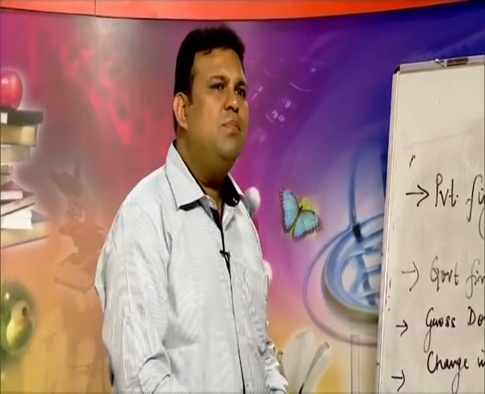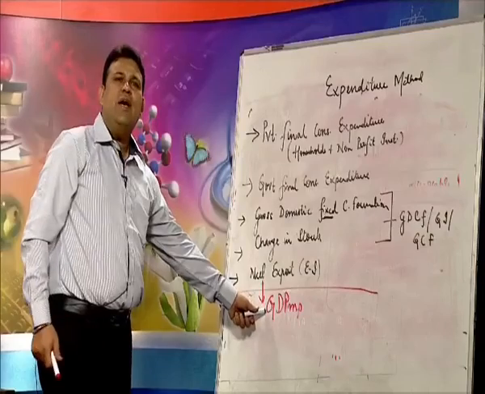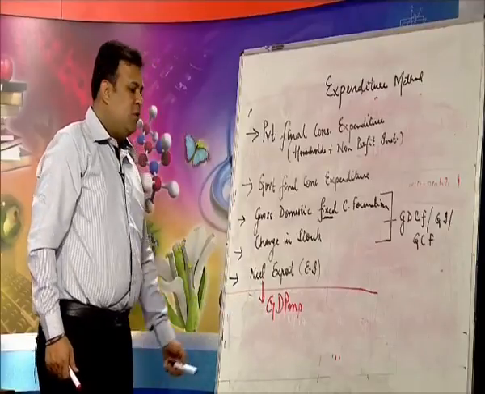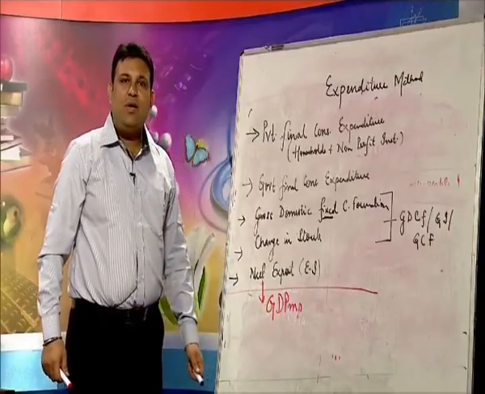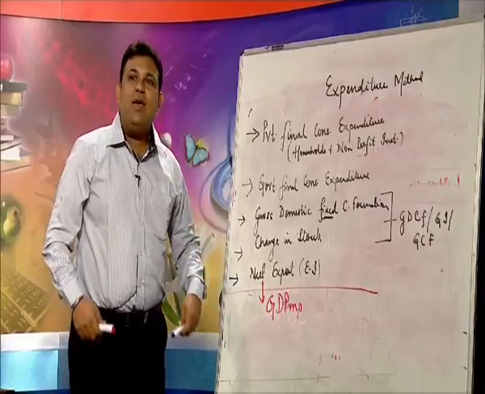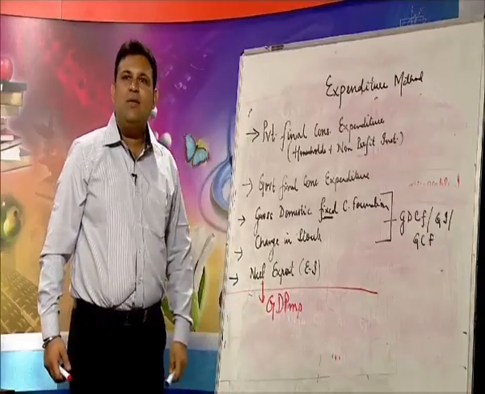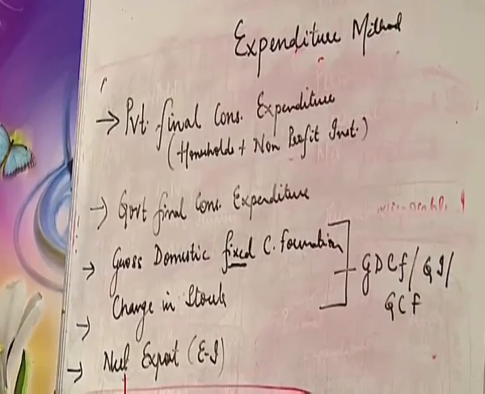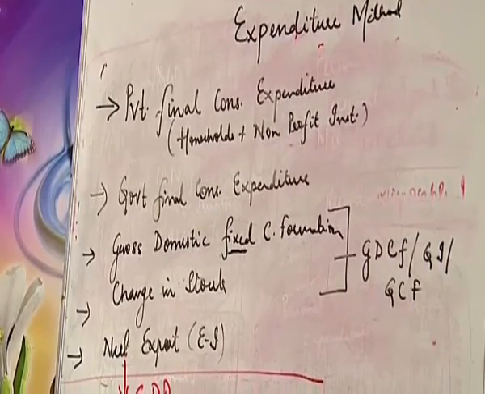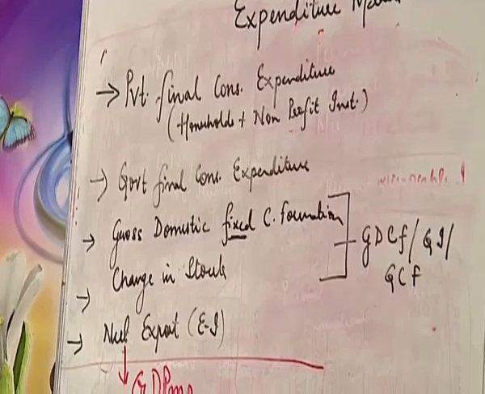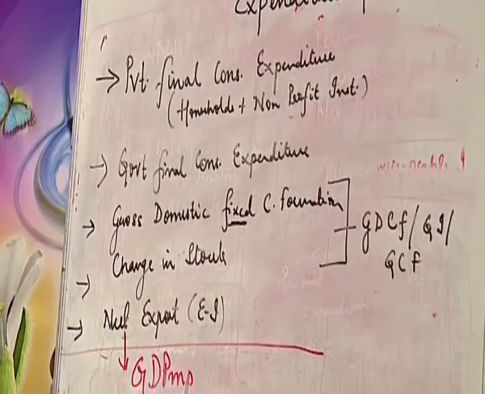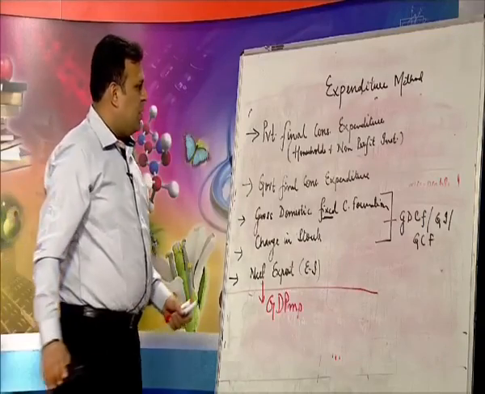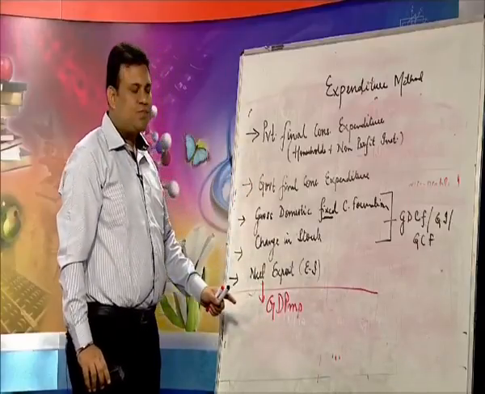From GDP at MP, simply, remove depreciation, it became net, remove NIT, it became FC, add NFIA, it became national. So we have NNP at FC, which is nothing but national income. If we want to stay with domestic income, we only deduct depreciation and NIT. I hope it is clear to you.